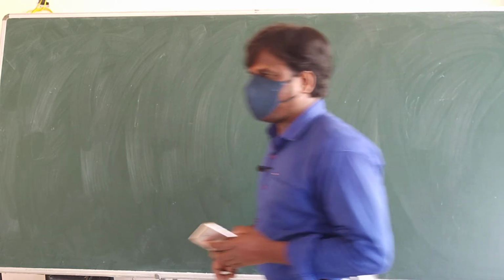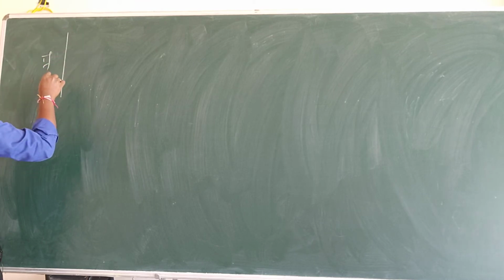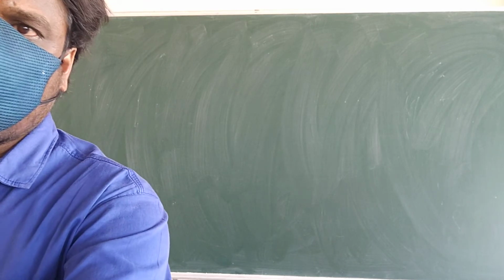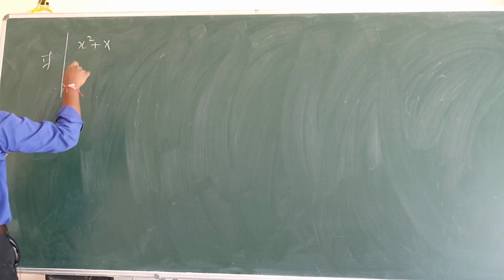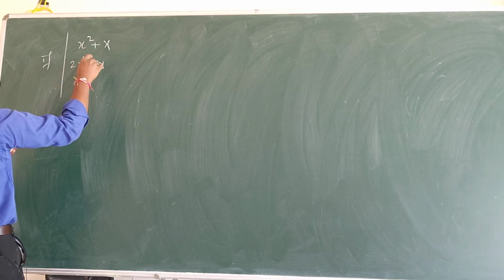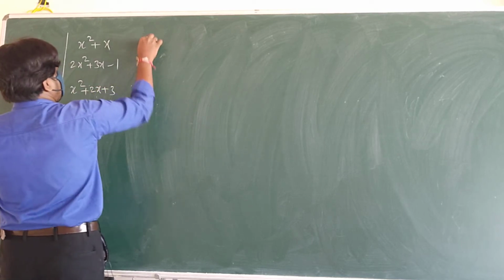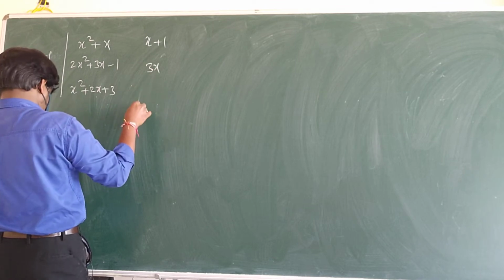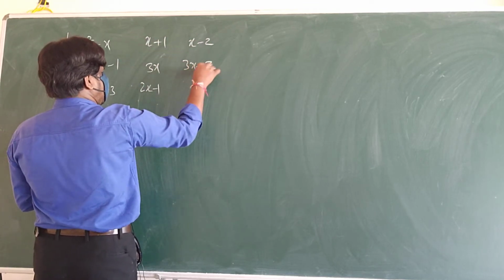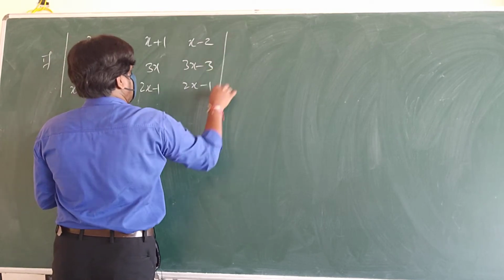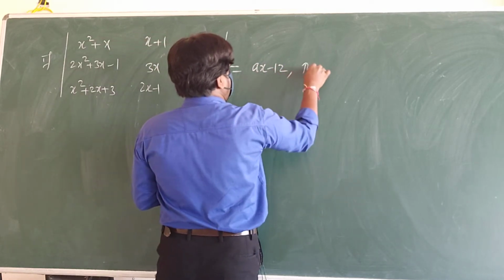This question was asked in JEE 2015. The question is: if the determinant of the matrix with rows x square plus x, 2x square plus 3x minus 1, x square plus 2x plus 3; x plus 1, 3x, 2x minus 1; x minus 2, 3x minus 3, 2x minus 1 has value ax minus 12, then A is equal to dash.